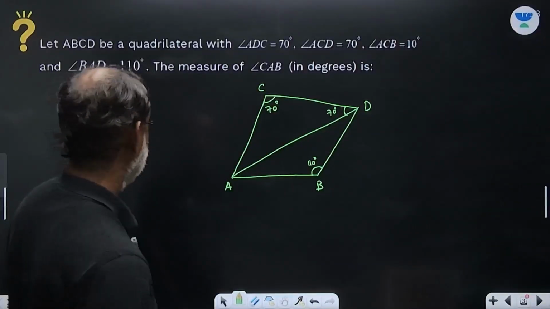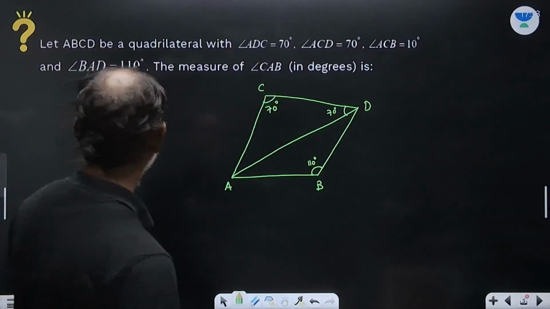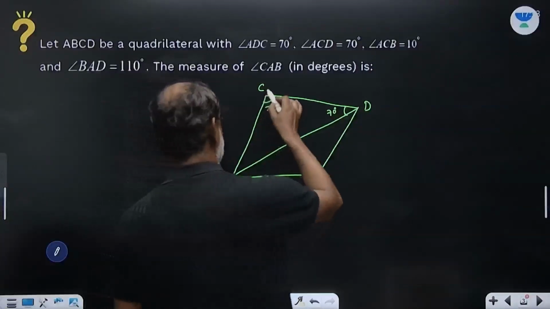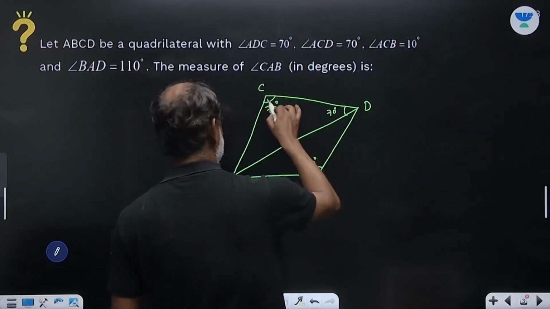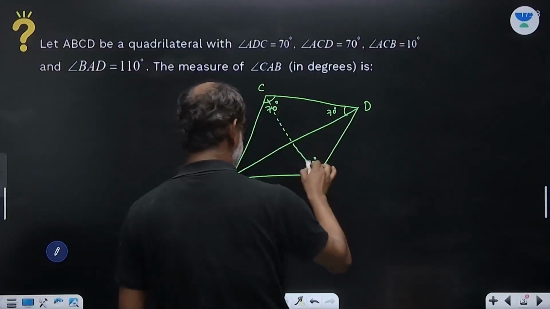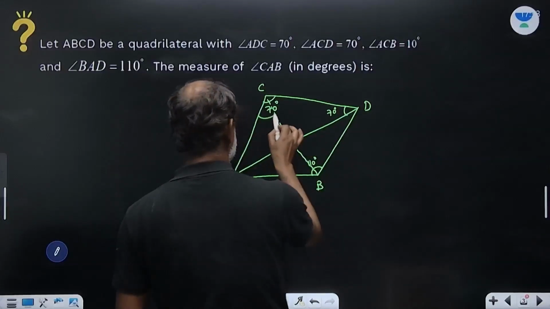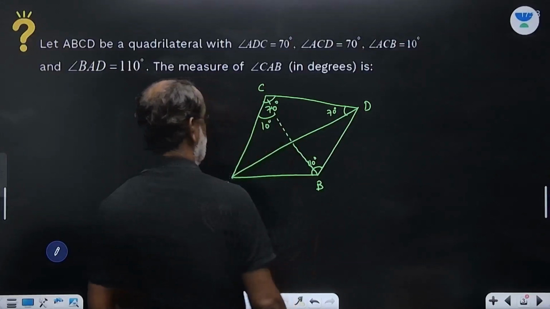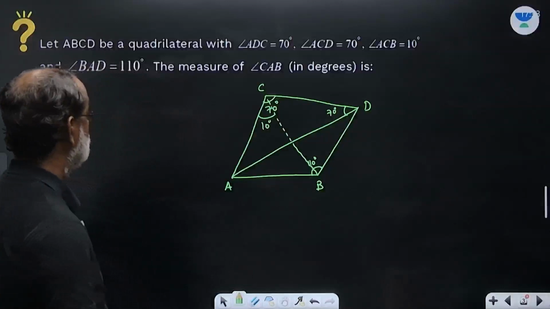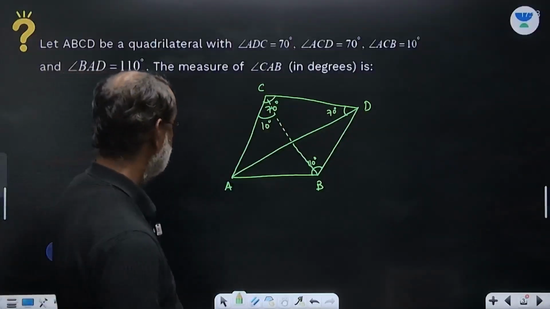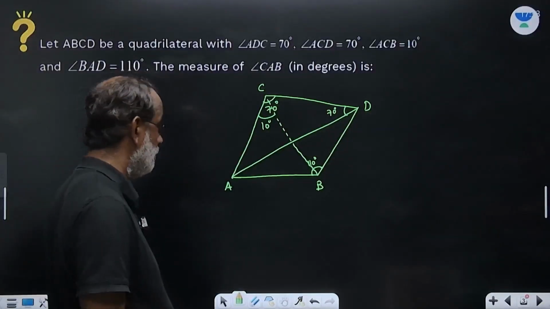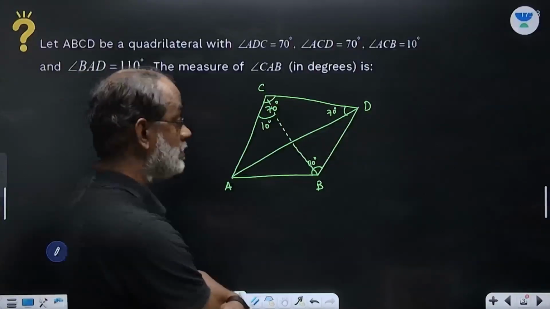Angle ACB is 10 degree. Okay. So, you have to find the measure of angle CAB. So, this is our question.